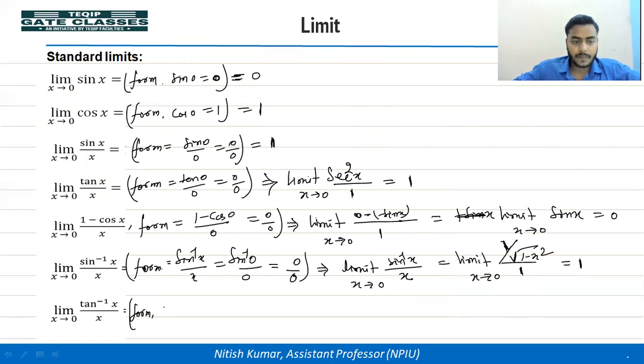Form tan inverse 0 divided by 0. tan inverse 0 means 0 by 0 form. We can apply the L'Hopital rule.